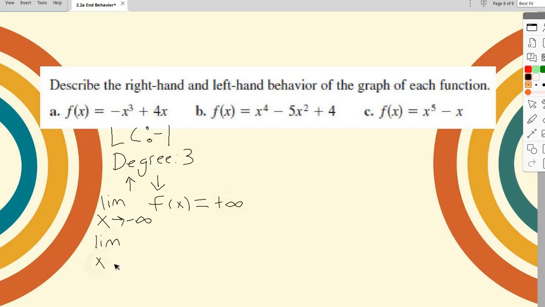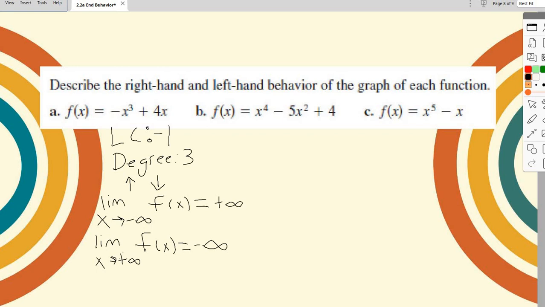And then for my other one, it would be opposite. Can you say what you look at to see if it's positive infinity or negative?